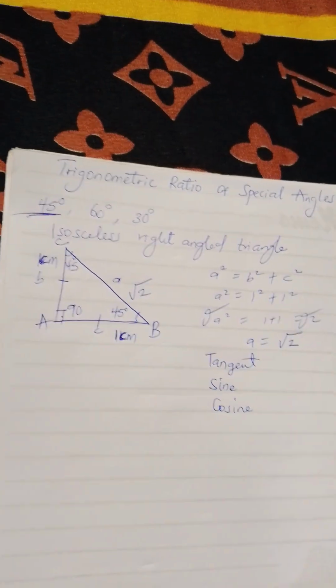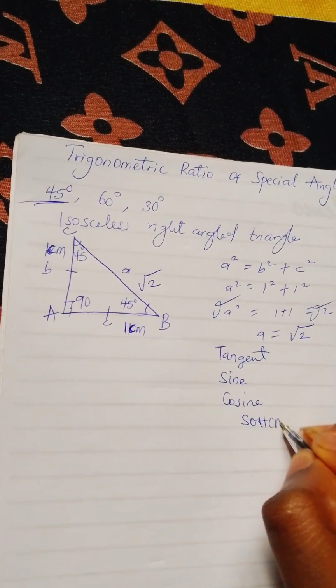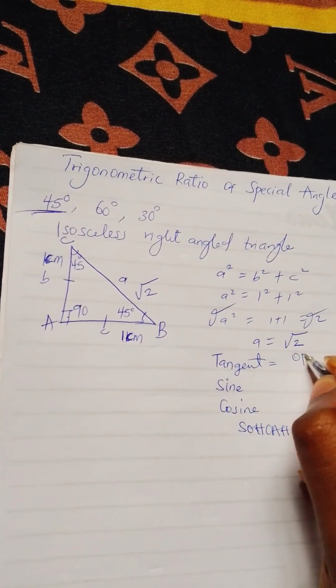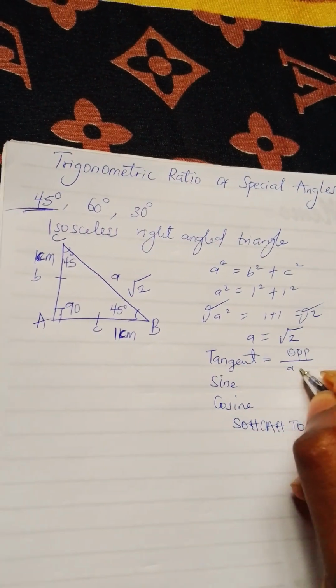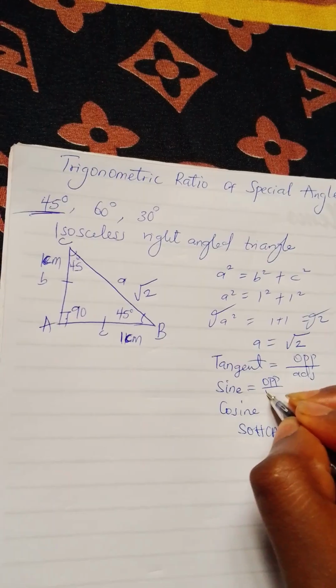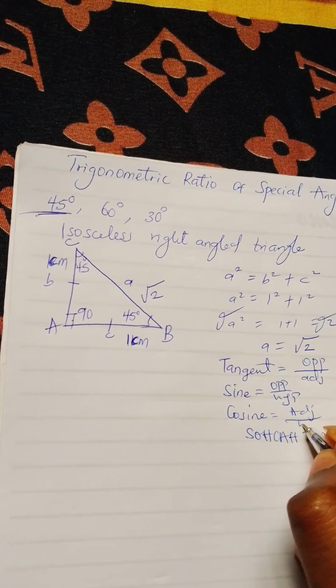And I gave us an abbreviation in one of our previous videos, so I'm having SOH CAH TOA. So my tangent is opposite over adjacent, my sine is opposite over hypotenuse, and cosine is adjacent over hypotenuse.